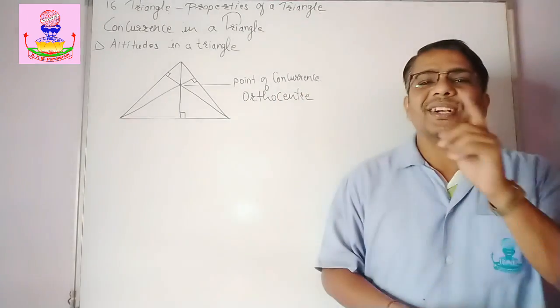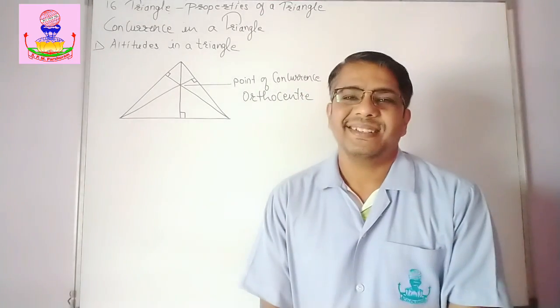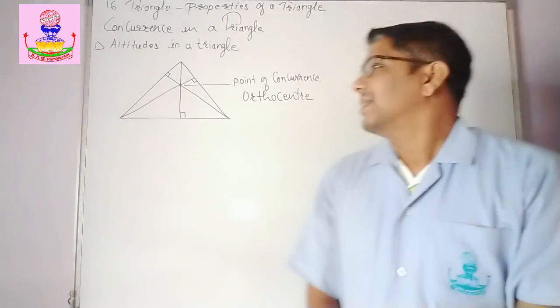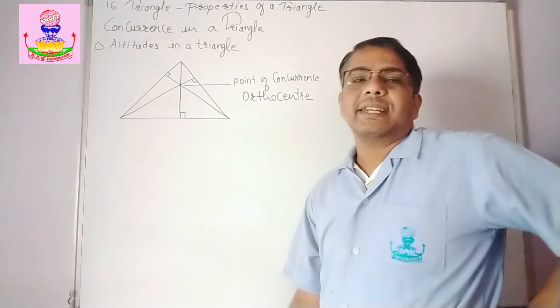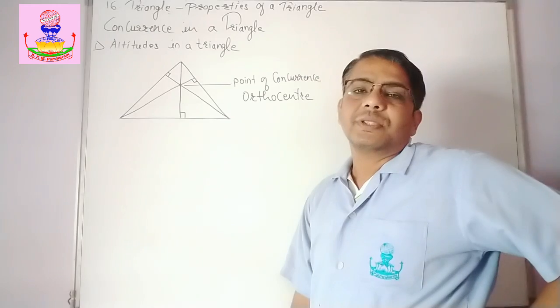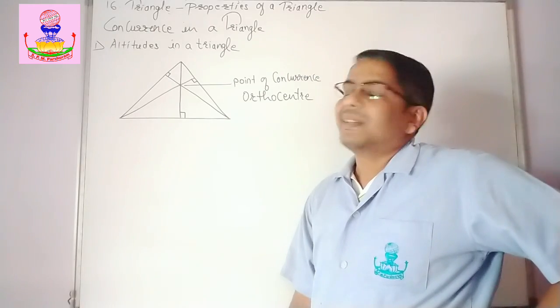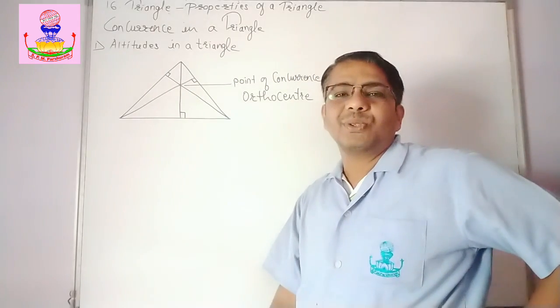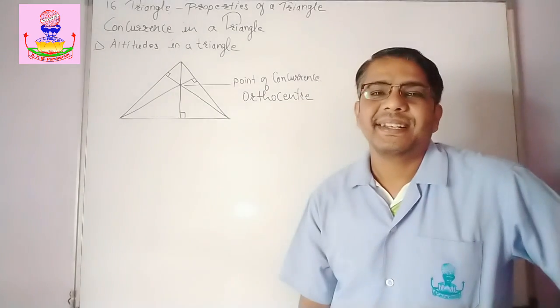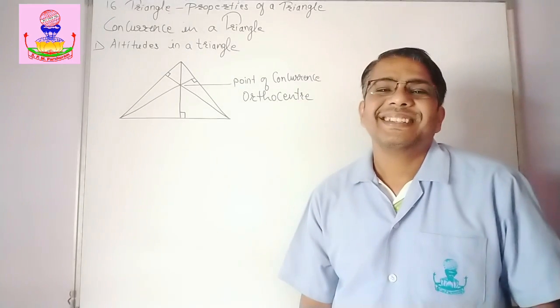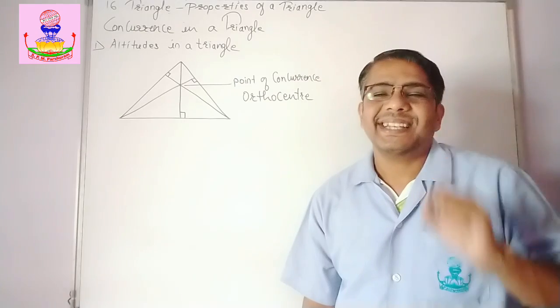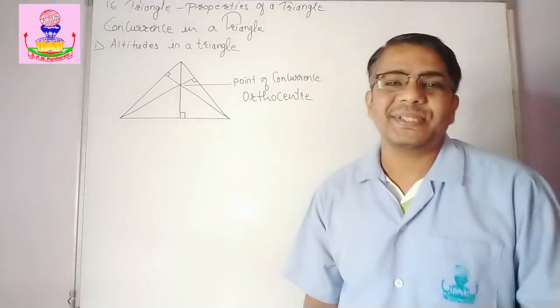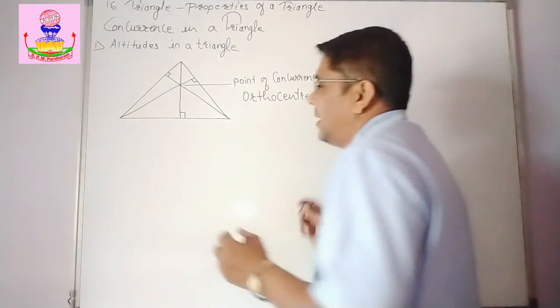The point of concurrence in case of altitudes is called the orthocenter. Okay, and in case of an acute angle triangle, you can see the orthocenter is inside the triangle, in the interior of the triangle.